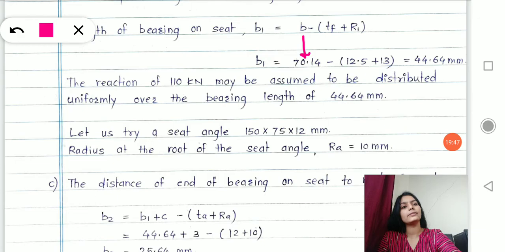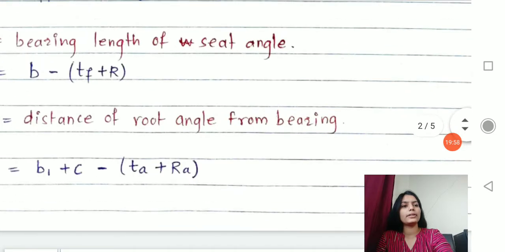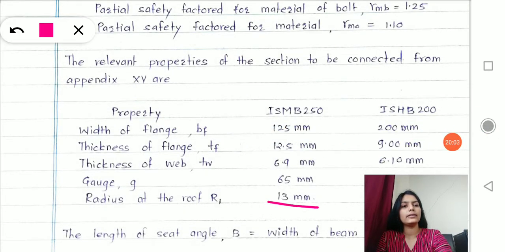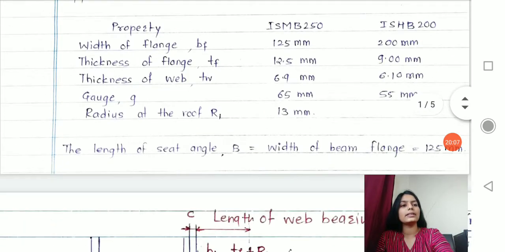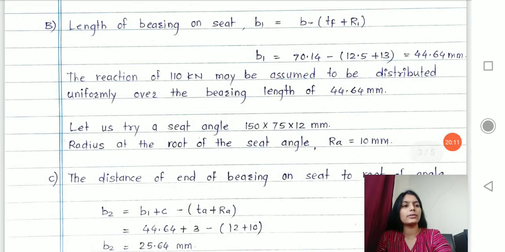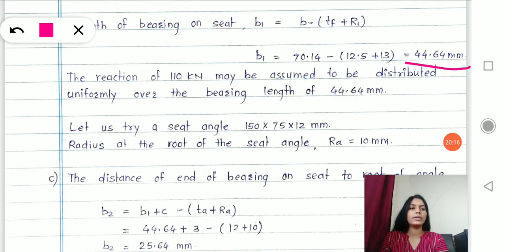Then thickness of flange 12.5, root radius R1 13, that is from the ISMB properties. These properties are already mentioned over here. Everything is mentioned and enlisted earlier. Just use that and solve these formulas. We come to know the value of B1 is 44.64 mm.